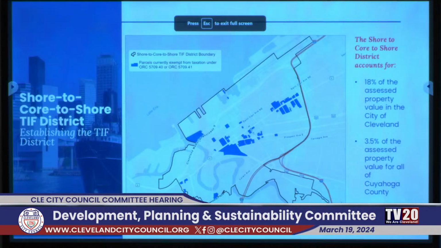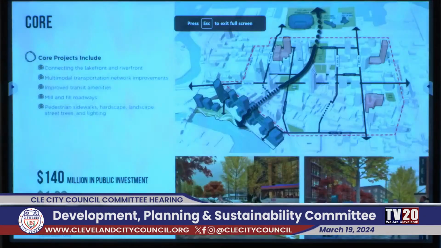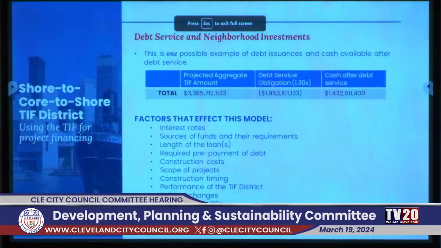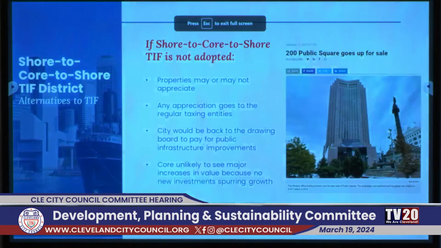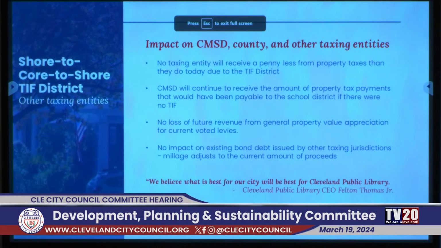There's one slide that talks about the impact on other taxing entities. If we could go to that one. Almost there. That one. I would appreciate having a higher comfort level. There's a quote right on the slide where you have Felton Thomas saying, we believe this is a good thing.